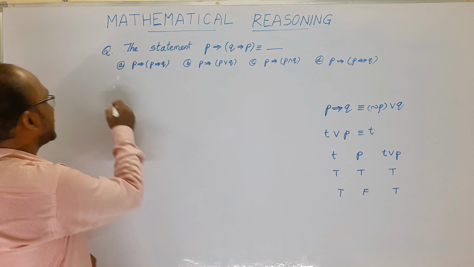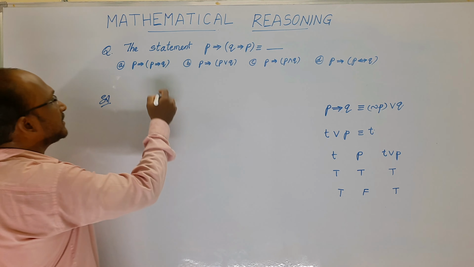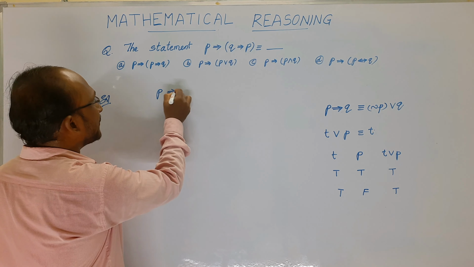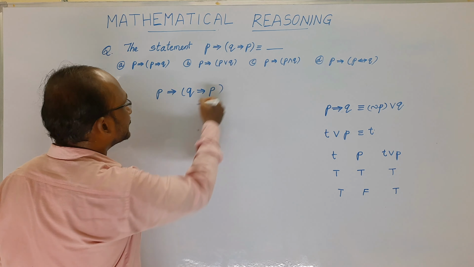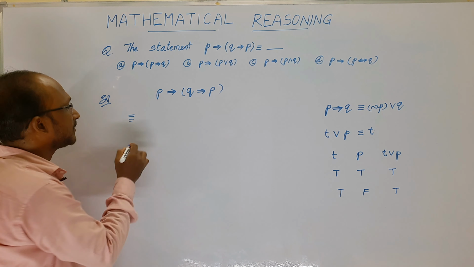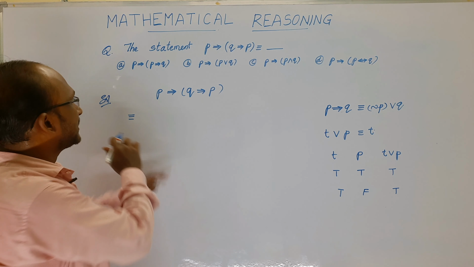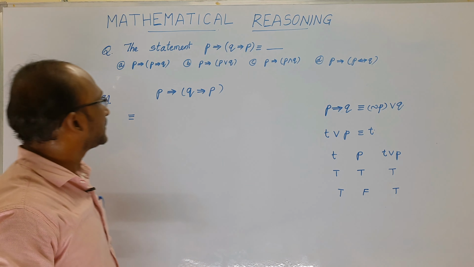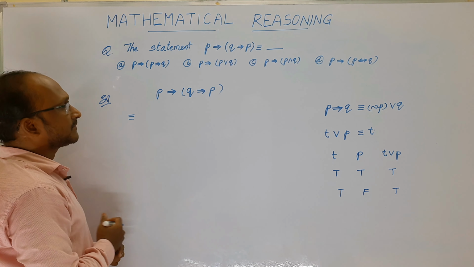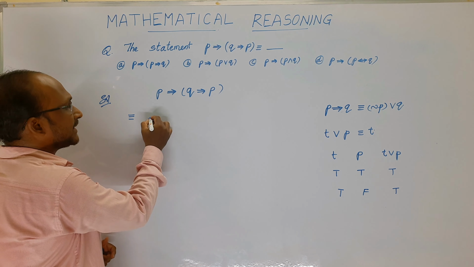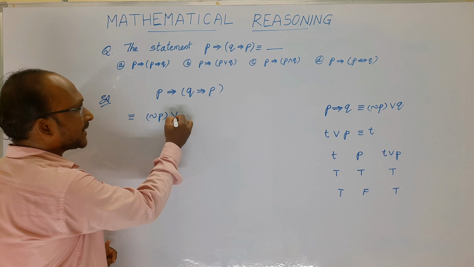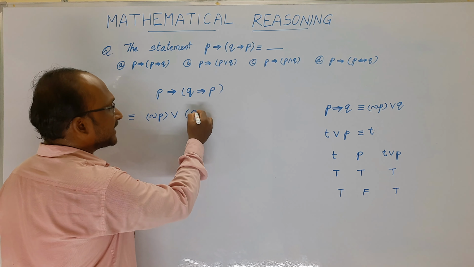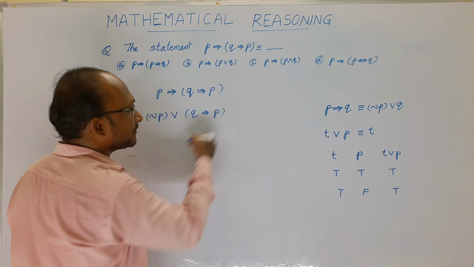Now let us start with the given statement P implies of Q implies P. Now if you apply the first result, what can you write? First statement P becomes negation P, this implies becomes or, and the second statement remains the same.